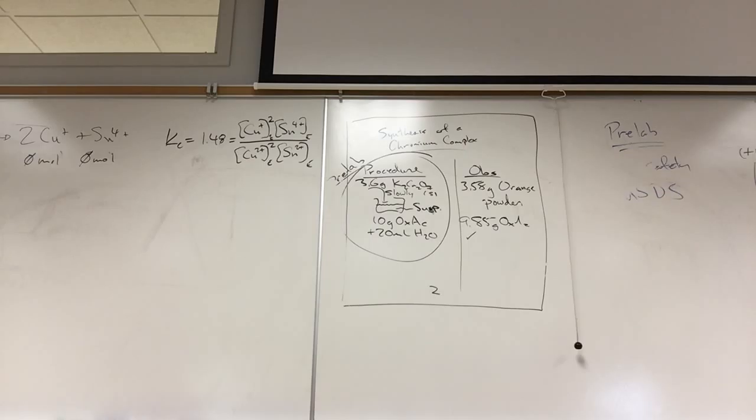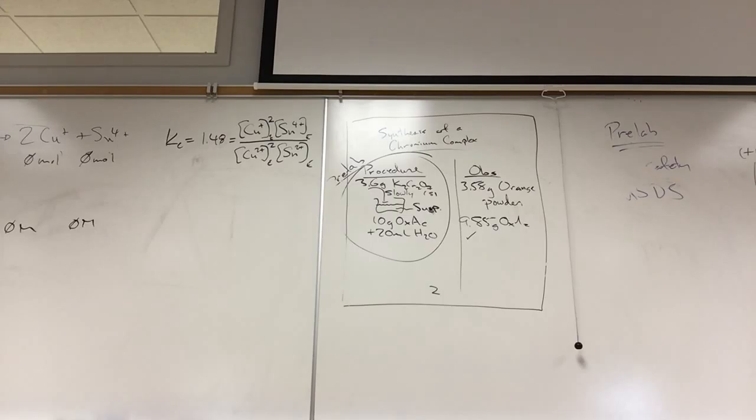If I take the moles divided by the liters, I get molarity. So with 1.00 liters, this is going to be 0.200 molar, not moles. This is going to be 0.100 molar. This is going to be 0 molar and 0 molar. Now I'm going to use my generic change.